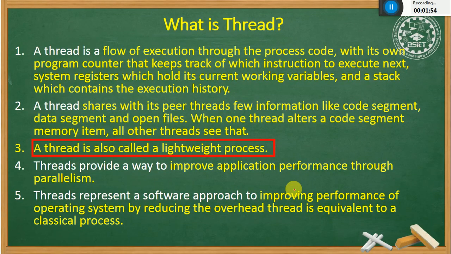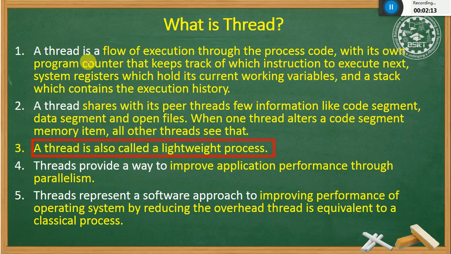Thread is a very important concept in the operating system. A thread is a lightweight process. So a very simple definition of thread is a lightweight process. It is a process, but it is lightweight. What lightweight means, we are going to discuss.